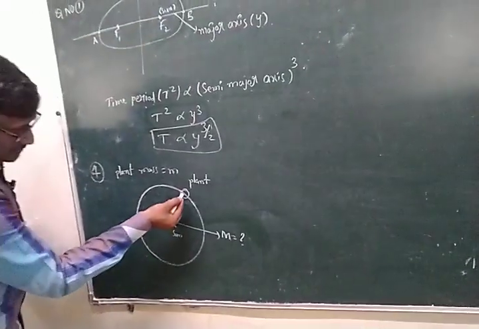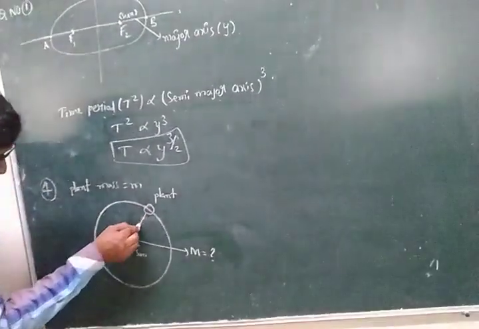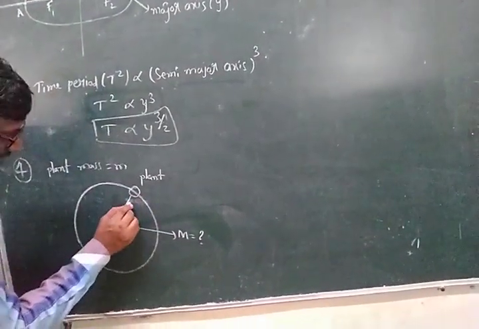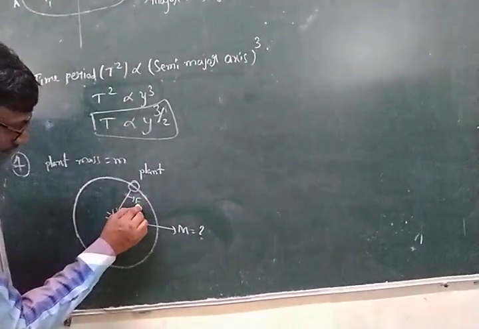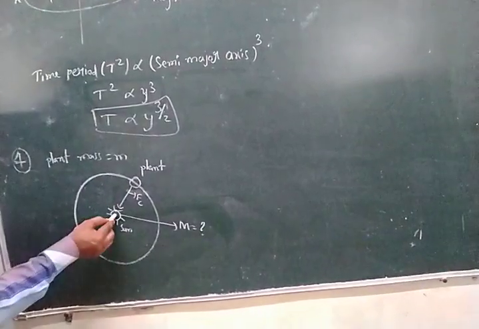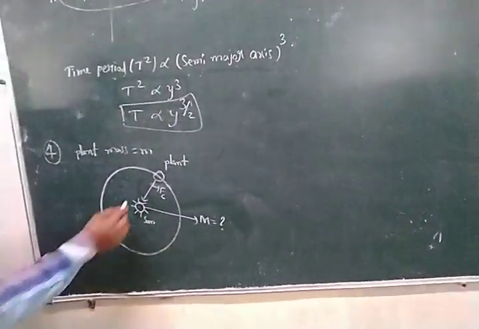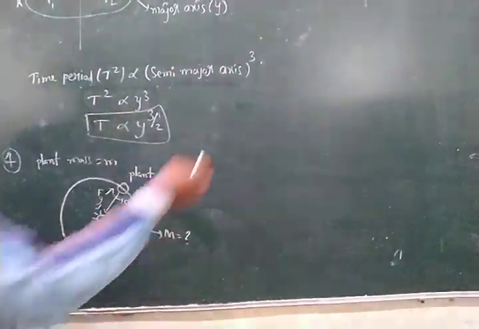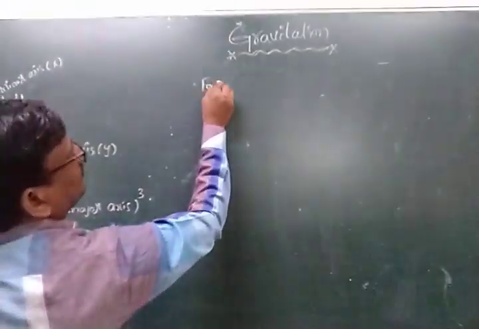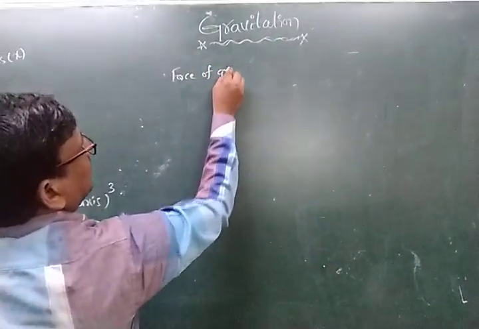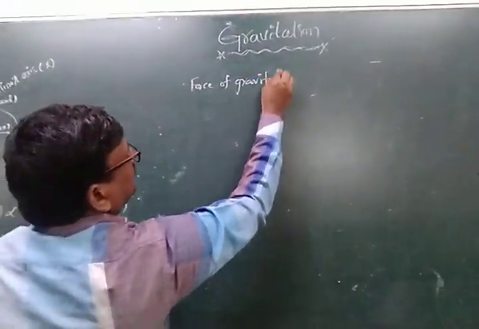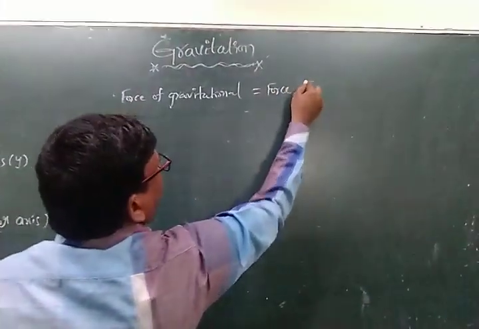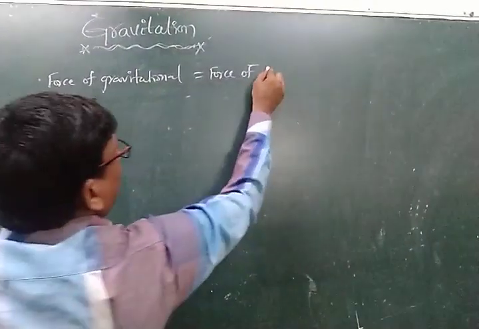Here the planet is attracted toward the center. Attraction toward the center is called the centripetal force, that is Fc. And the sun gives some force on the planet, that is Fg, the gravitational force. Now I can write the force of gravitation is equal to the force of centripetal.